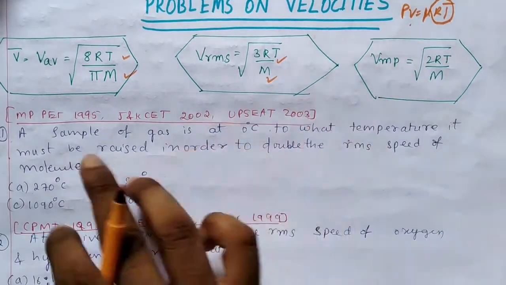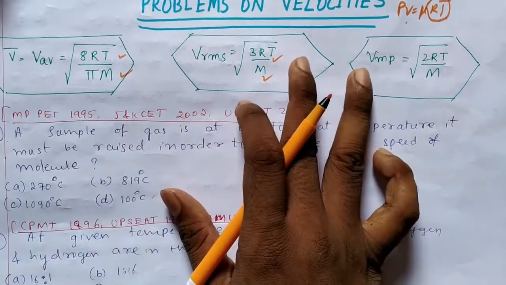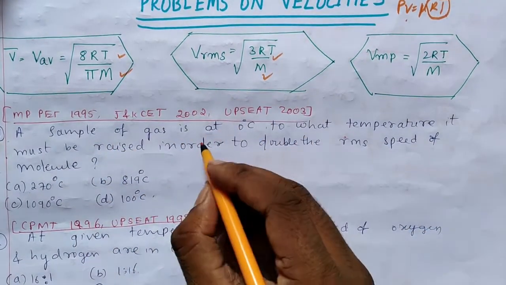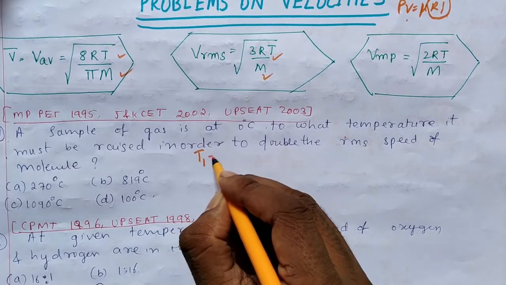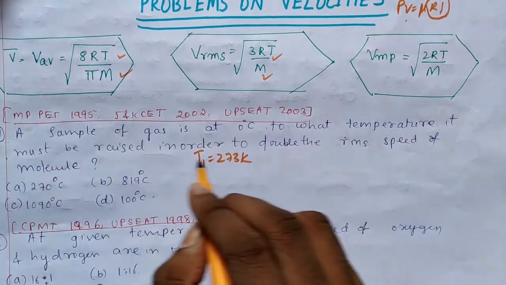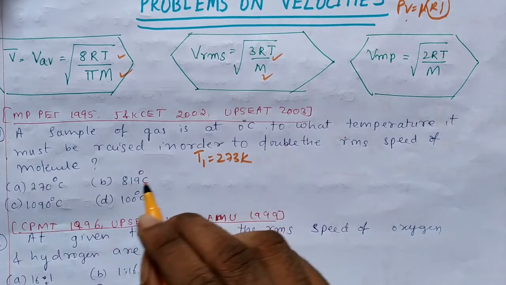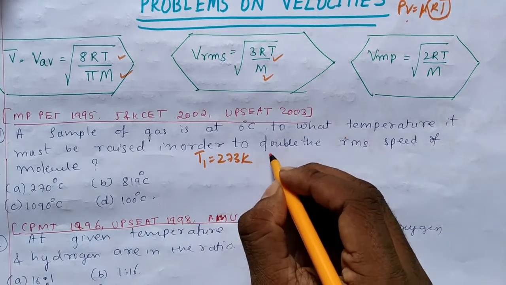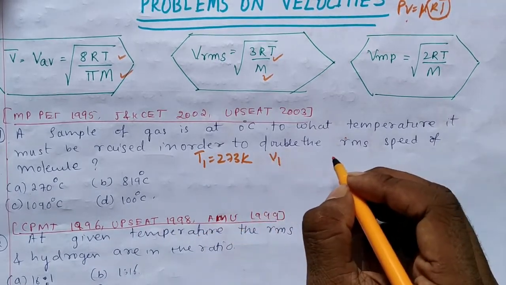Okay, first of all, we have a problem. A sample of gas is at 0 degree Celsius, which means the sample is at 273 Kelvin. To what temperature must it be raised in order to double the RMS speed of the molecules? At this temperature, the RMS velocity is V1.